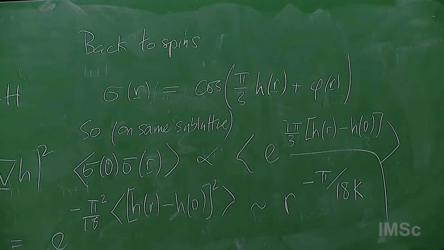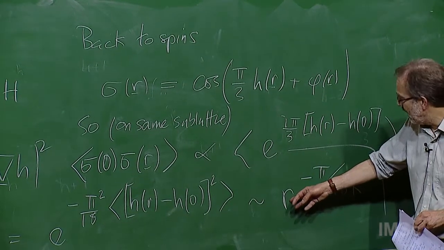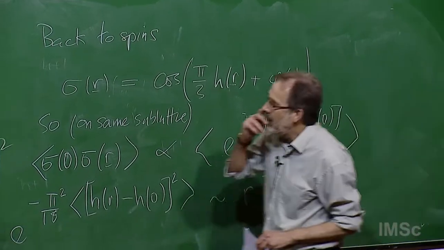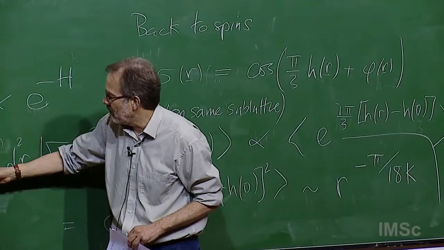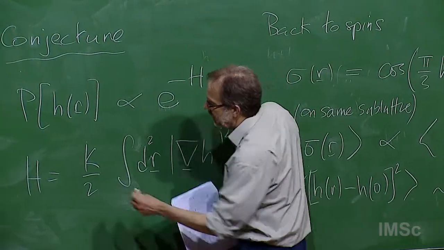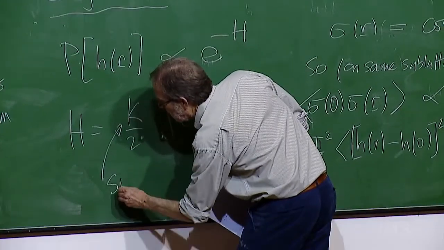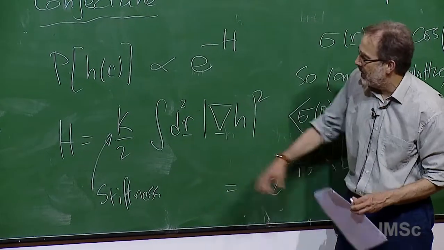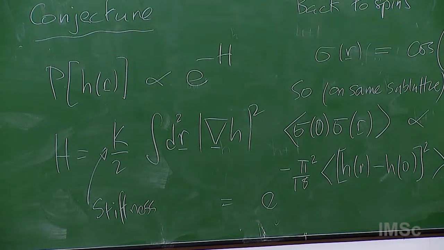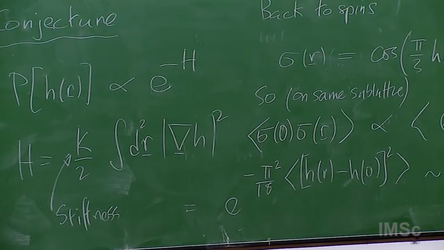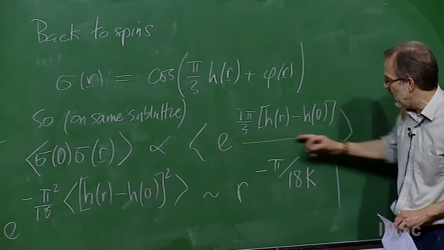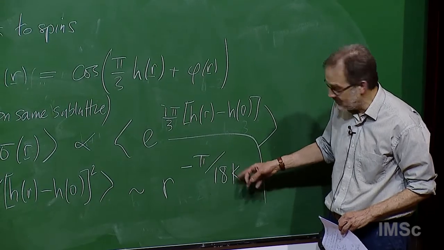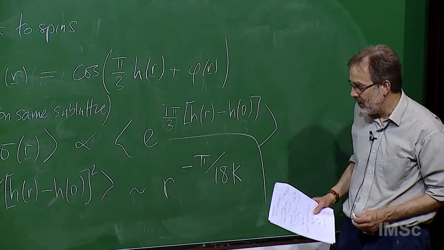So what do we get from this? Well, we find that we've got power law correlations, and we find that the power in the exponent depends on really the only parameter that we had in the model, which is what's called the stiffness. Which you see is a dimensionless quantity. And as I mentioned, we know from the exact solution that this exponent should be a half, and so we can identify the value of the stiffness.